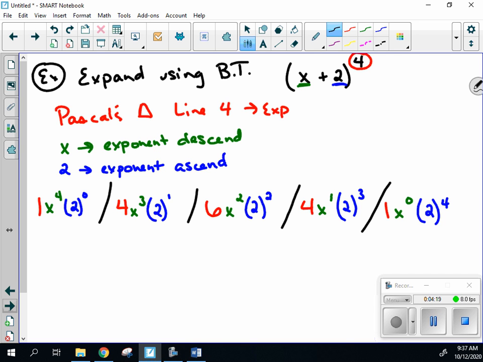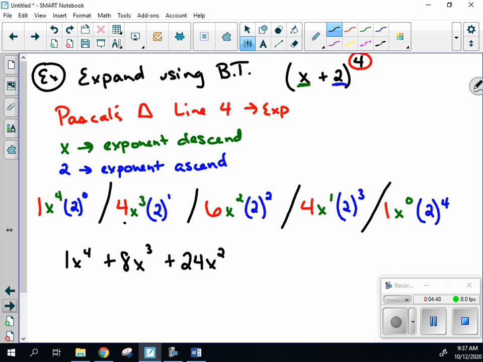So now I actually need to simplify this. Well, 2 to the 0 is 1, so I have 1 x to the 4th. 2 to the 1st is 2 times 4 gives me 8, a positive 8. So I have plus 8x cubed. In the middle here, I've got 2 squared times 6 to give me 24, positive.